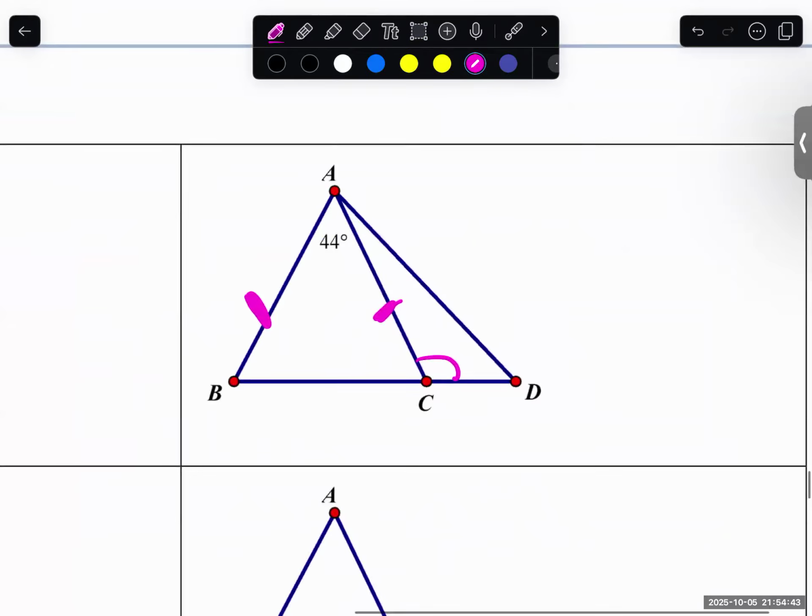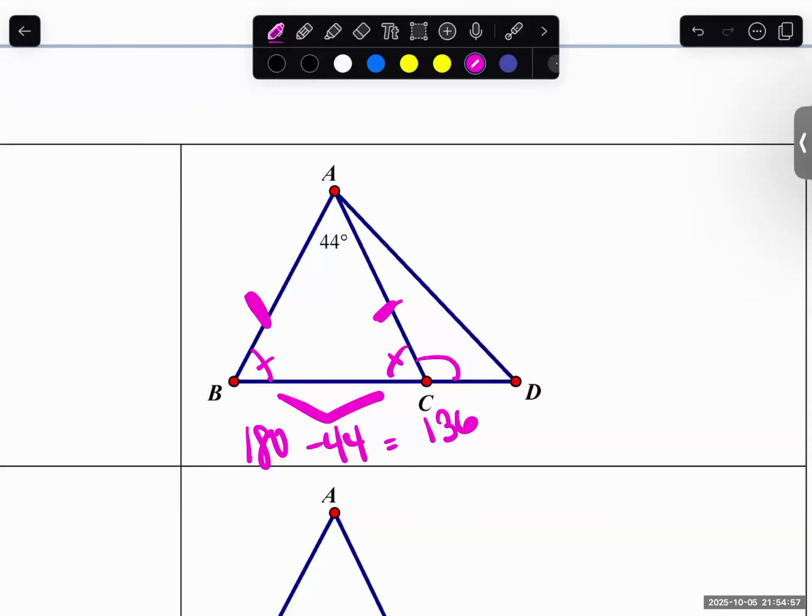Now, if we notice, we've got equal sides, equal angles. Well, since this is 44, then what's left for both of these is 180 minus 44, which is going to be 136. Now, if we split that into two, we get 68, which means both of these have to be 68.